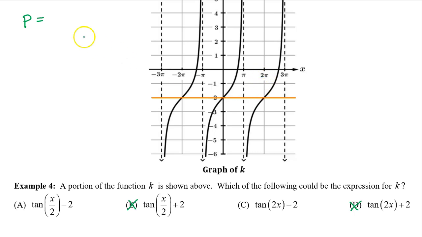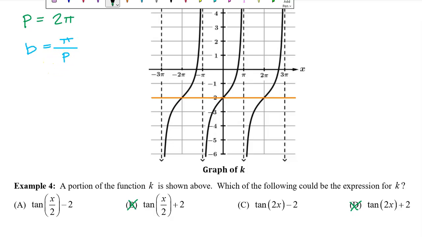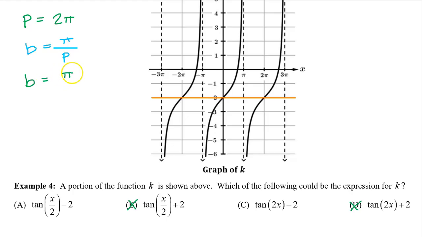So that's the period. We know that the B value will be pi divided by the period. So in this case, B will equal pi divided by 2 pi. The pi's cancel out, leaving a B value of 1/2. And this corresponds to option A.